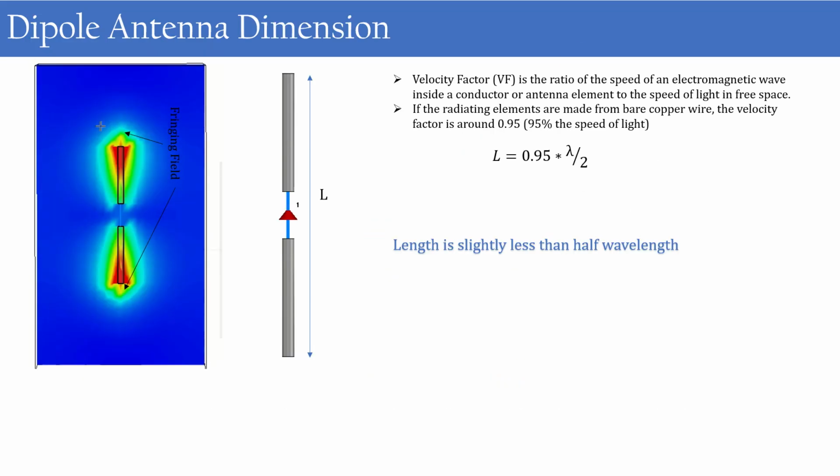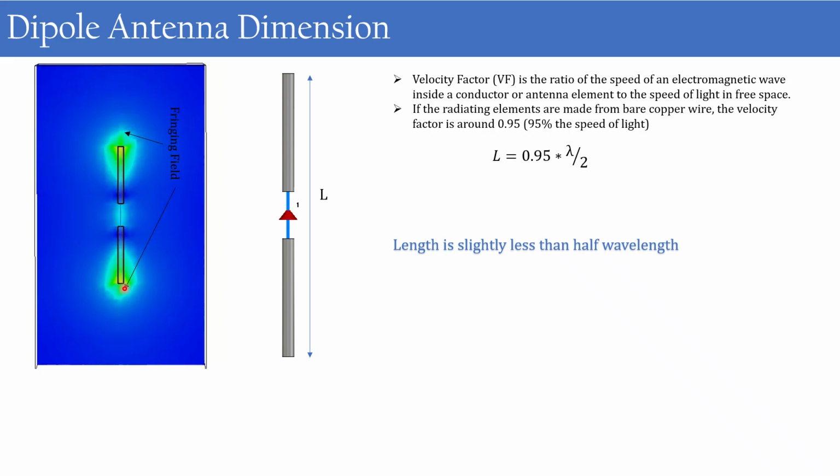We said that the length of the dipole antenna is half wavelength, but usually when we are designing, we can reduce the length. Let's see how it is happening. So this is the field distribution in a dipole antenna. Here you can see that the fields are extending beyond the length of the antenna. Due to this effect, that is the fringing effect, the total effective length of the antenna is increased.